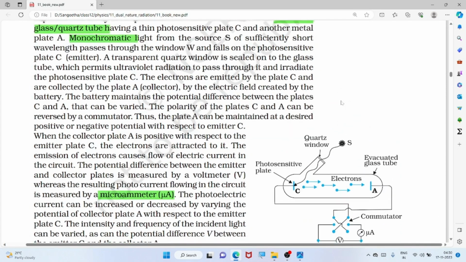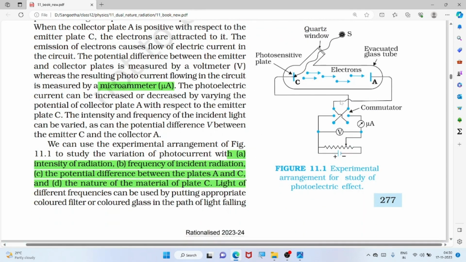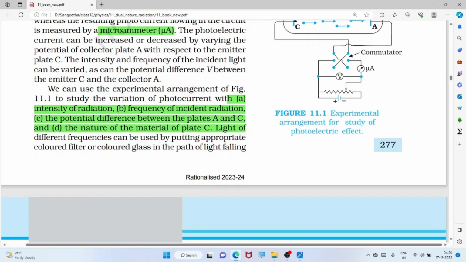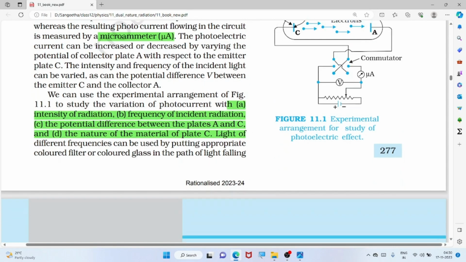This is the photoelectric effect setup. Here light falls on the metal and the electrons are collected here, in an evacuated glass tube. The current is measured and voltage is applied here.